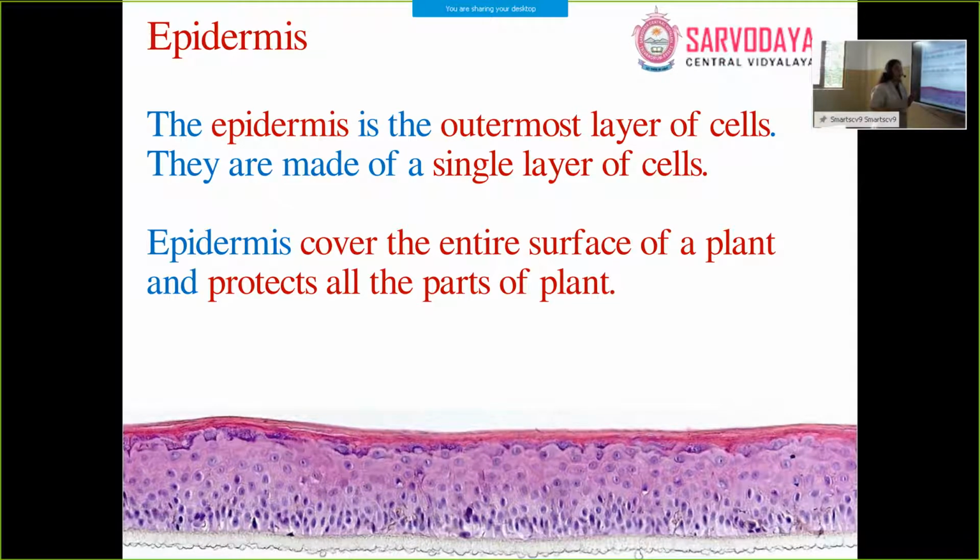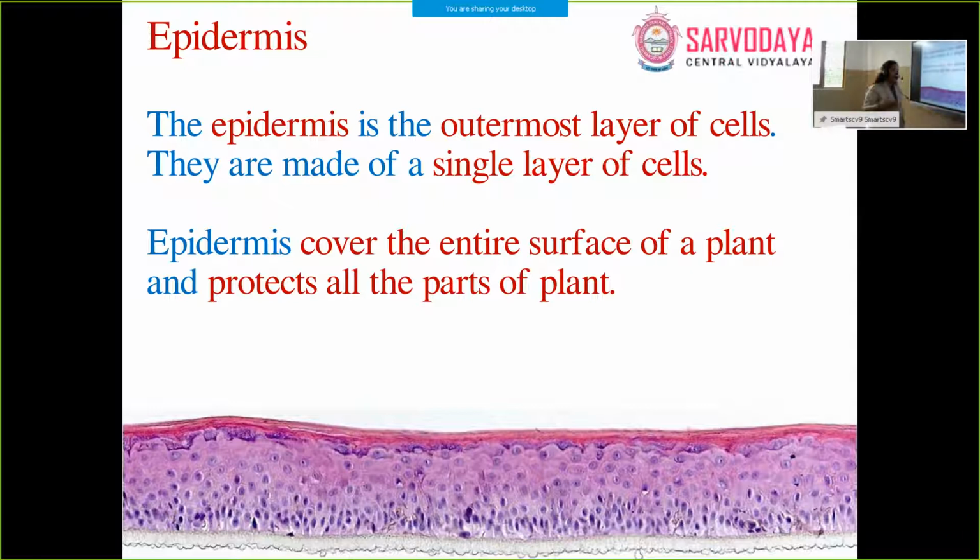Then we covered parenchyma, chlorenchyma, aerenchyma, sclerenchyma, and collenchyma, and we did the features of those. Then we had the complex permanent tissue, which has xylem and phloem. Xylem has its own components: the tracheids, the vessels, and xylem parenchyma.